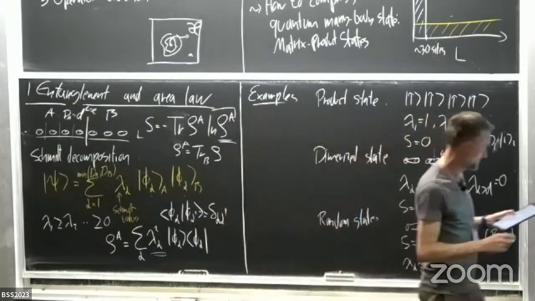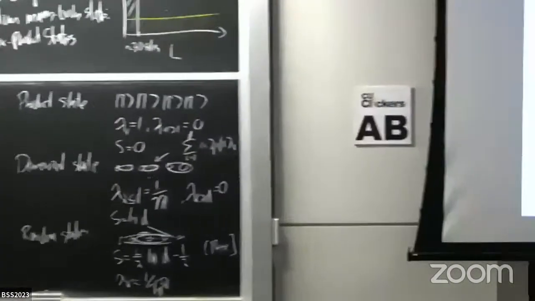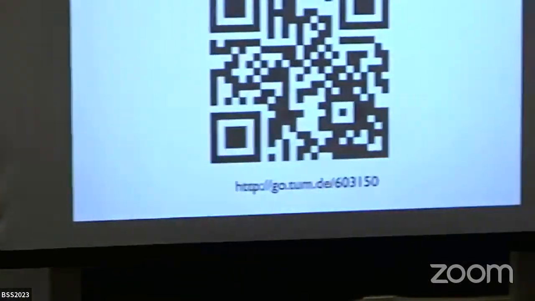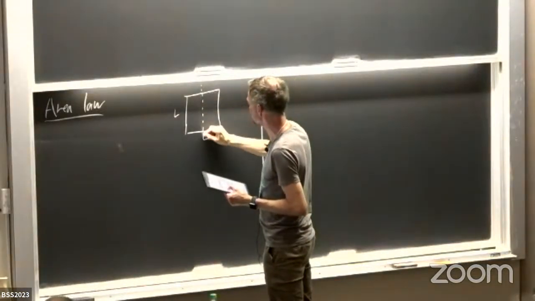Good. Now let me just quickly state the area law. In general dimensions, we now take some hypercube of dimension L times L, and we cut it into 2 halves.